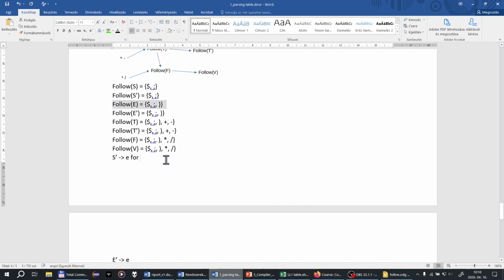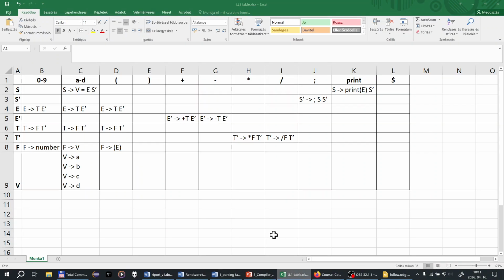So we have to apply for the dollar sign, semicolon, and closing bracket this rule S to E prime. So dollar sign, semicolon, and closing bracket. Let's see. Dollar sign, semicolon, and the closing bracket. Okay. Oops, it is not the same. Sorry.